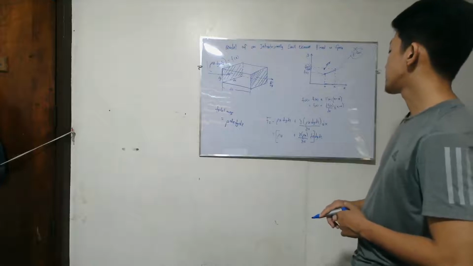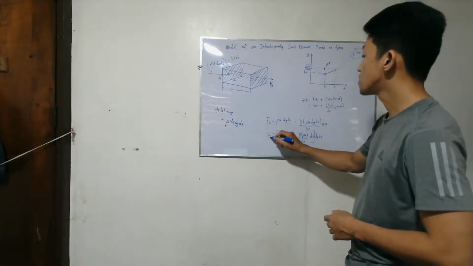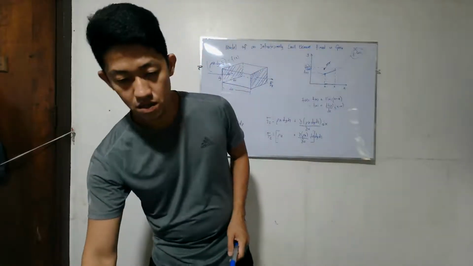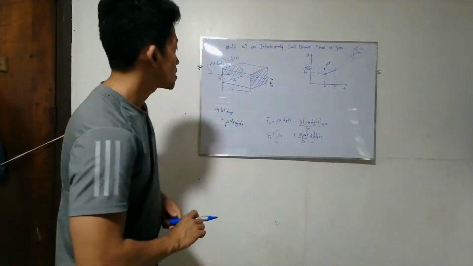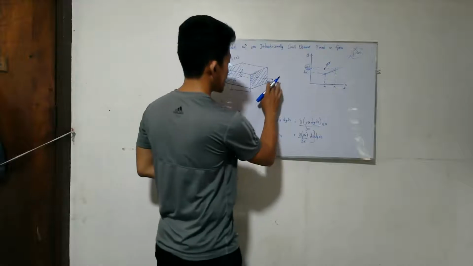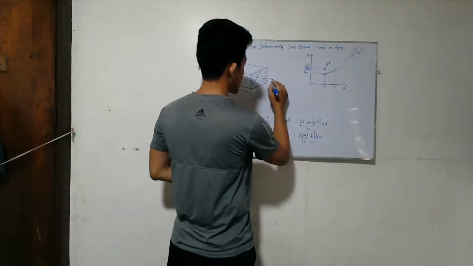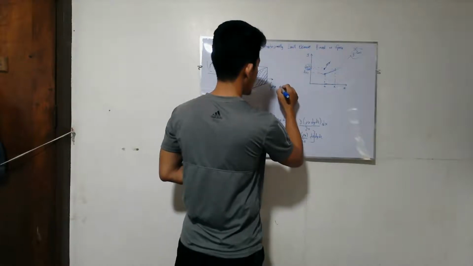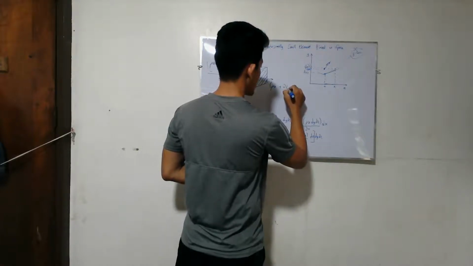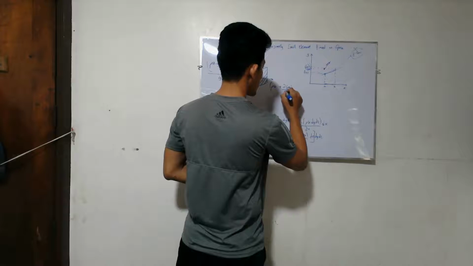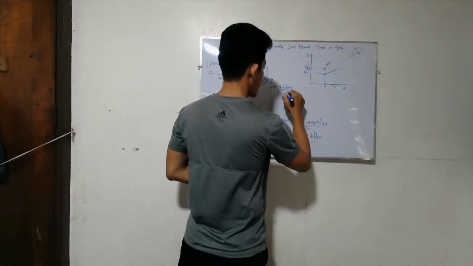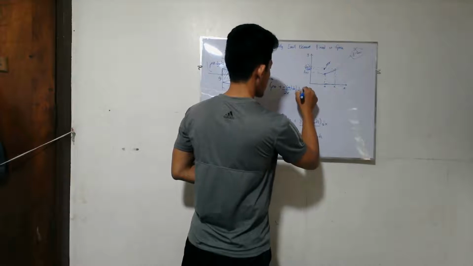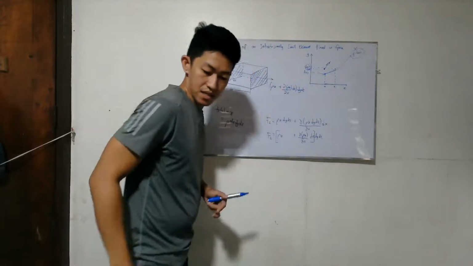Kana na lang F2. So therefore kaning F2 this is just rho u times partial of rho u respect to x dx dy dz. Okay?